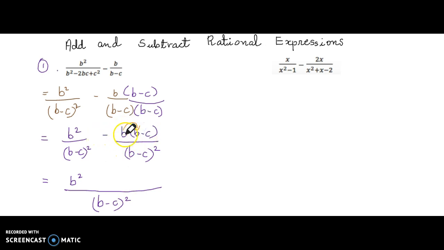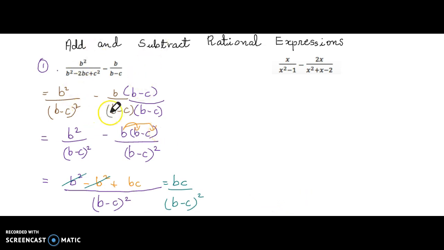Negative b times b becomes negative b squared. Treat this as a negative b. Negative b times negative c becomes positive bc. Negative b squared and positive b squared cancel, and your final answer is bc over b minus c the whole square. So that is our final answer.